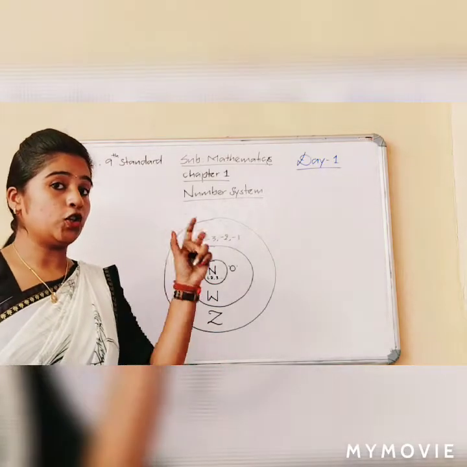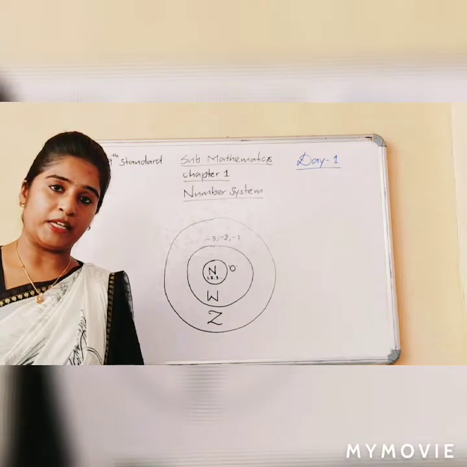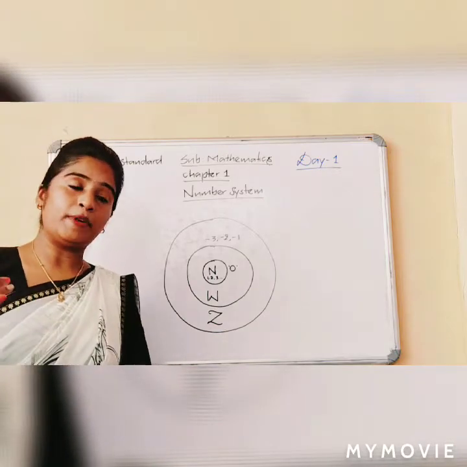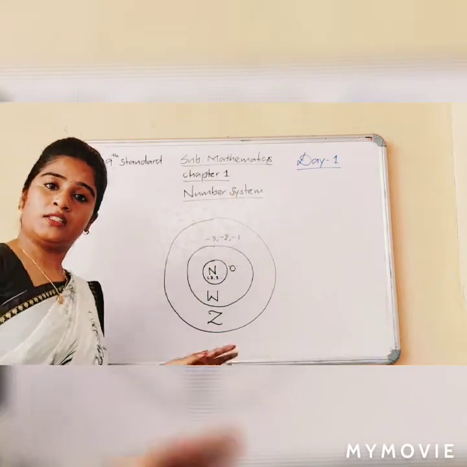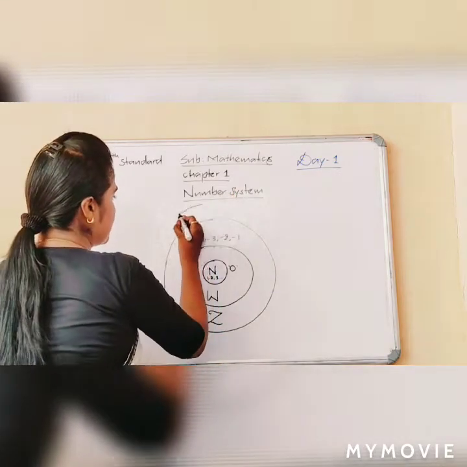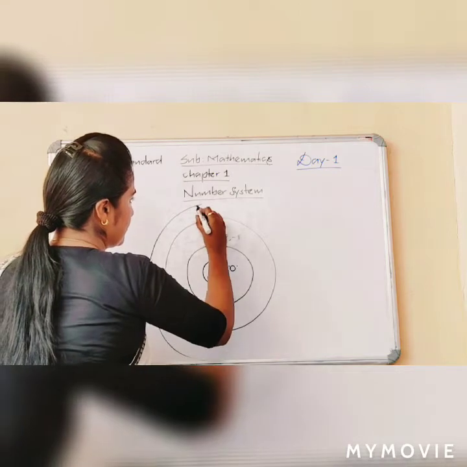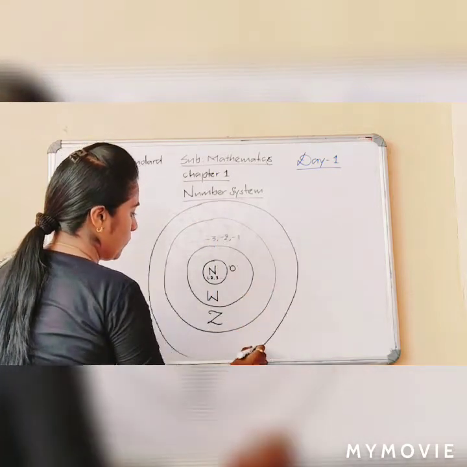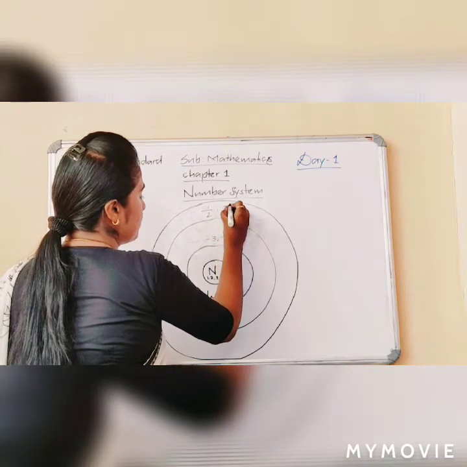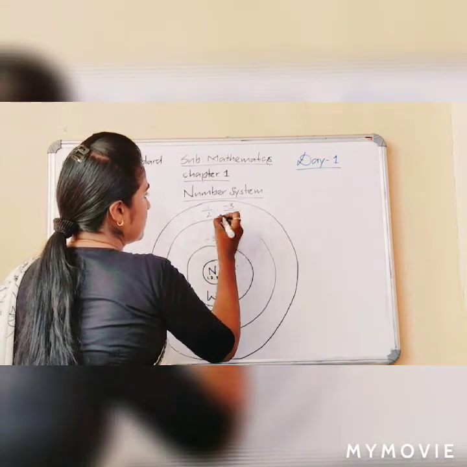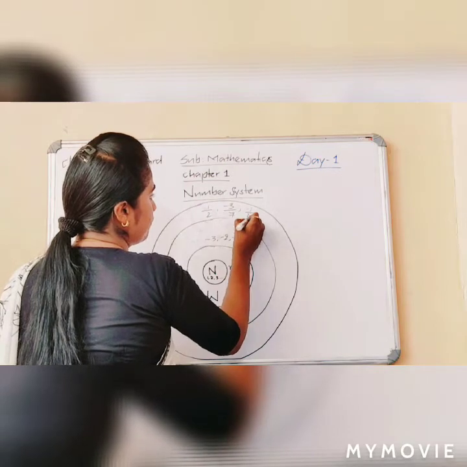Suppose I add numbers in the form of p by q, that is numerator by denominator, to the integers, then the set of numbers is said to be what? Rational numbers. So 1 by 2, minus 3 by 7, minus 1 by 4.